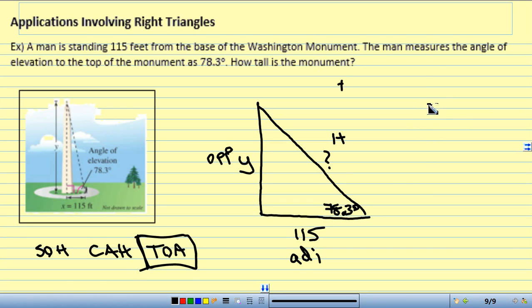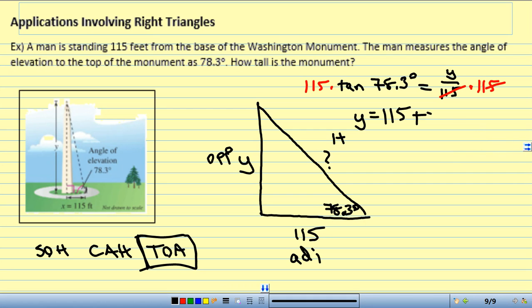So I'm going to say tangent of 78.3 degrees is equal to opposite, so that's y, over adjacent, which is 115. We want to find out what y is. So I'm going to multiply both sides by 115. Cancels. So I get y is equal to 115 tangent of 78.3.